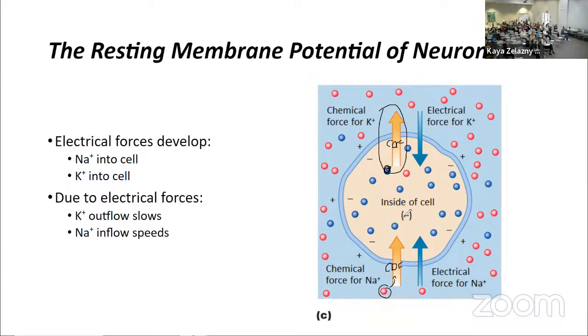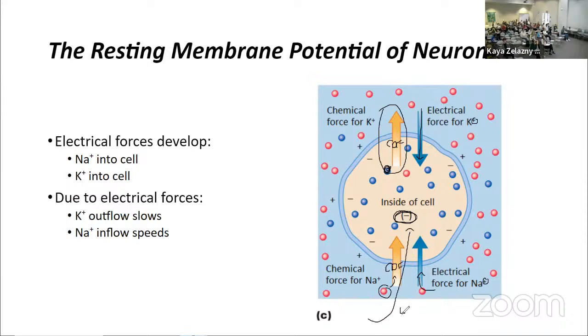But once we do have a negative charge inside the cell, so a negative membrane potential, this means our electrical force for sodium, which is a positive ion, is into the cell. And so is our electrical force for potassium, because it's also positive, and positives and negatives attract. Okay. So this means that we have a really big force for sodium to come into cells, into our neurons.